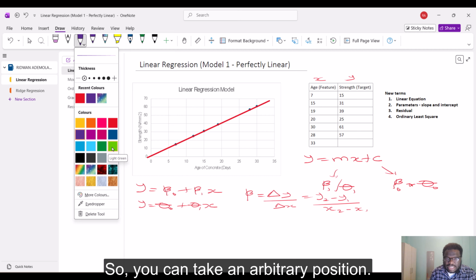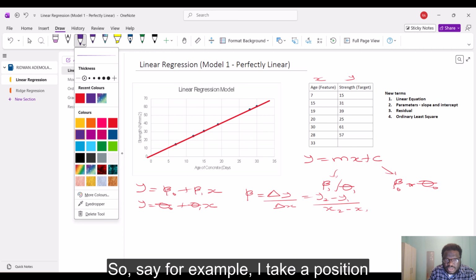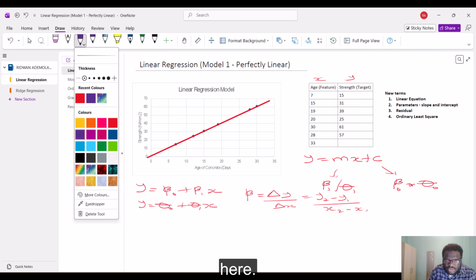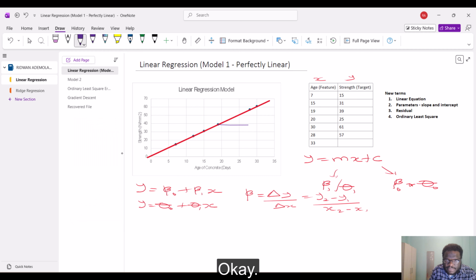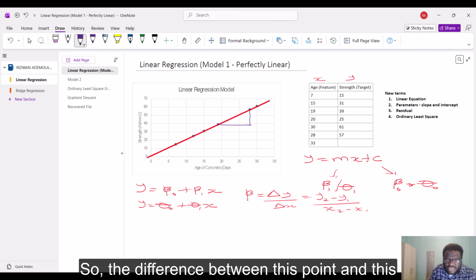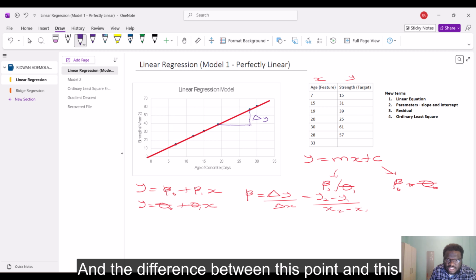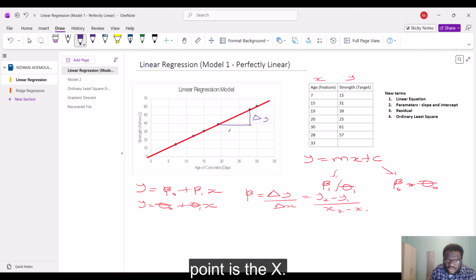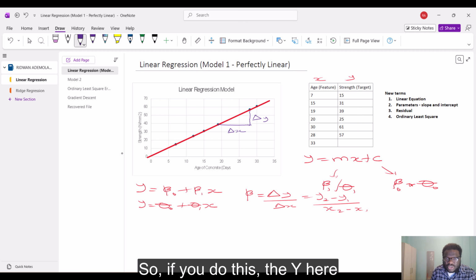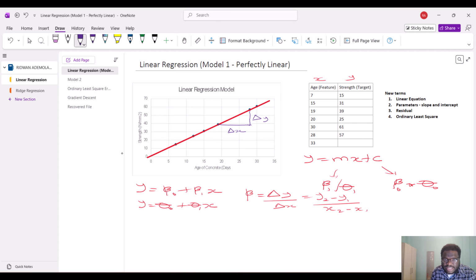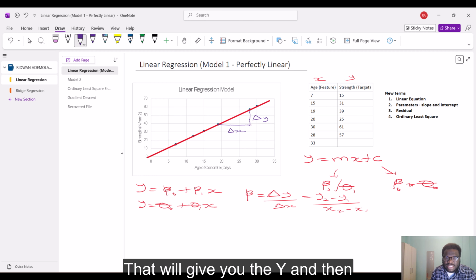So you can take an arbitrary position. So say, for example, I take a position here, and then I map this. So the difference between this point and this point is the y, and the difference between this point and this point is the x. So if you do this, the y here could be maybe 40 minus 39.